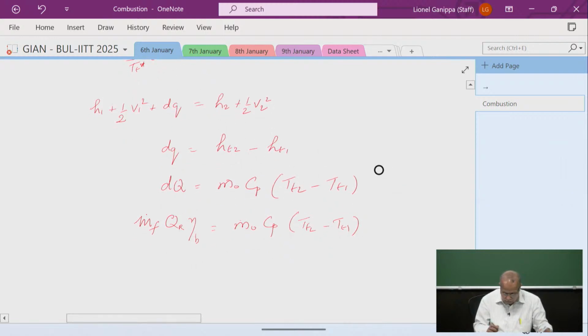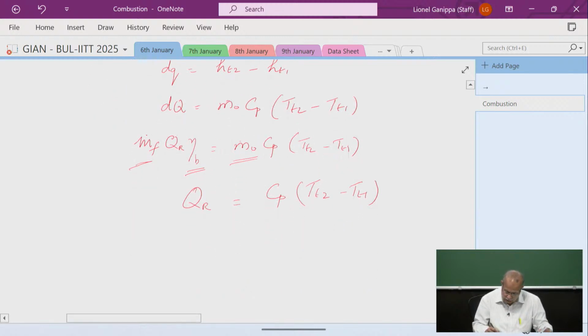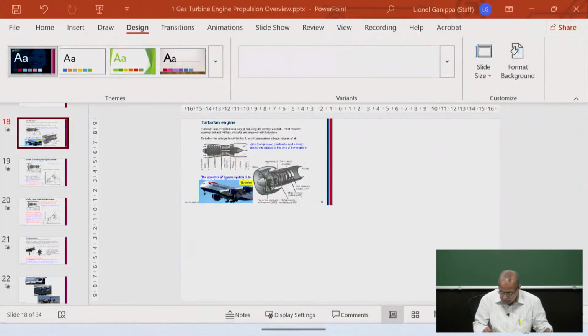Now in this problem we have no information on the mass of air and mass of fuel, so we don't have to worry about this. And also we don't have any information on the adiabatic efficiency of the burner. So the energy content of the fuel is equal to Cp Tt2 minus Tt1. This is the information we have in the problem. Now you can write QR is equal to Cp, and I can take this Tt1 outside.